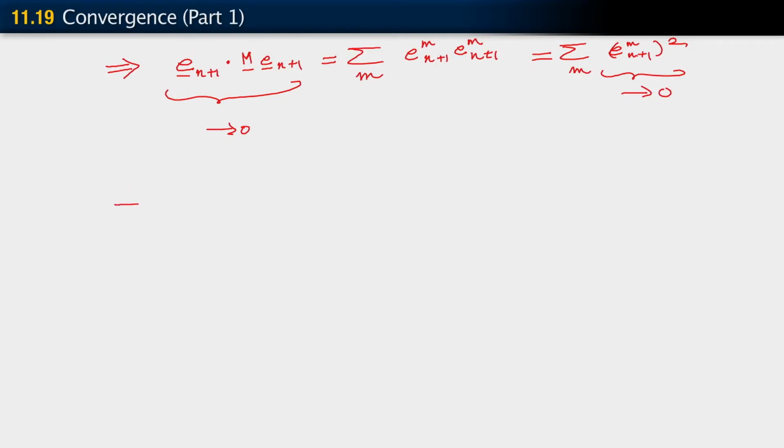So what this implies finally is that the limit as n+1 tends to infinity of E^{n+1} dotted with E^{n+1} equals essentially the limit as n+1 tends to infinity of this sum.